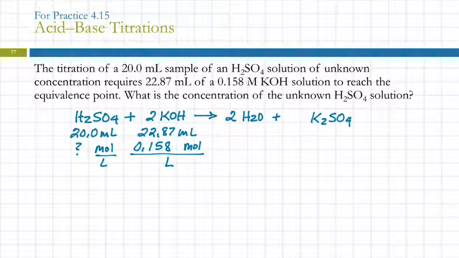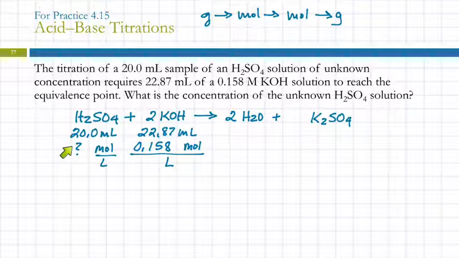Okay, so this is stoichiometry, and the path for stoichiometry was grams to moles to grams. And then sometimes we mix up the beginning or the end. So here we're going to be starting with the KOH because that's what we're given more information about. And this is the one with the question mark, so that's what we're going to.